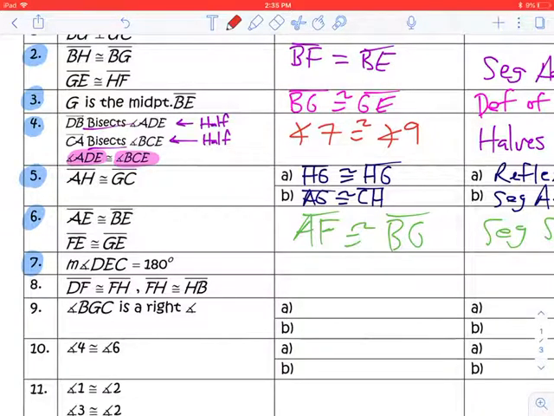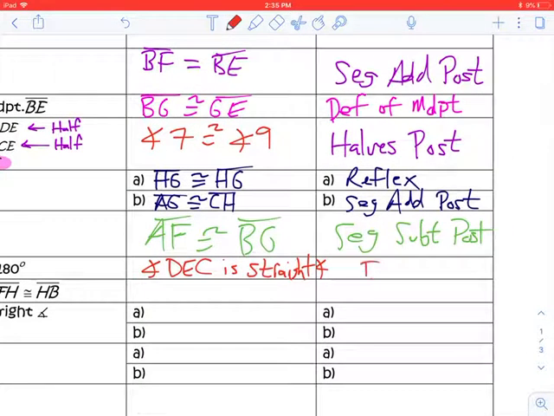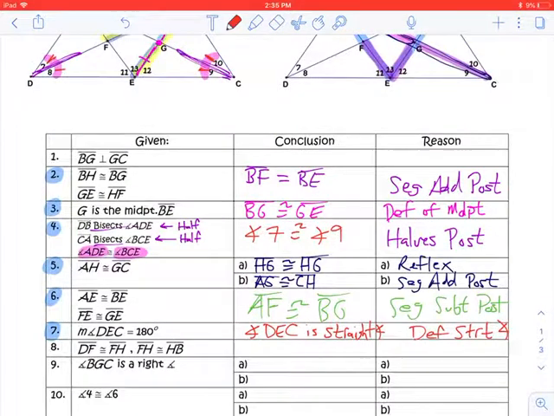So that's what you say. Angle DEC is a straight angle. And then definition of, guess what? Straight angle. You can abbreviate however, but that's it. That's all you have to do on that.